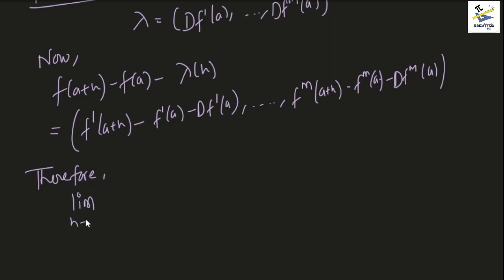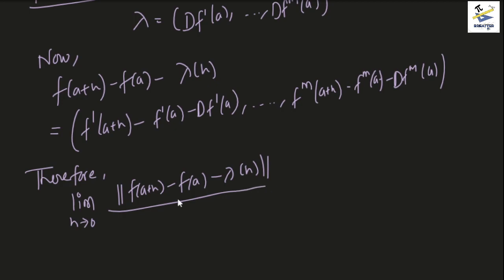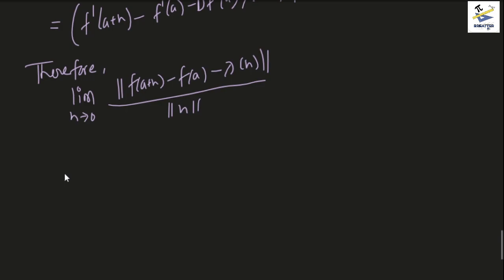Now therefore the limit as h tends to 0 of f of a plus h minus f of a minus lambda h, divided by norm of h, should be equal to the norm of this vector, which is basically represented as this.